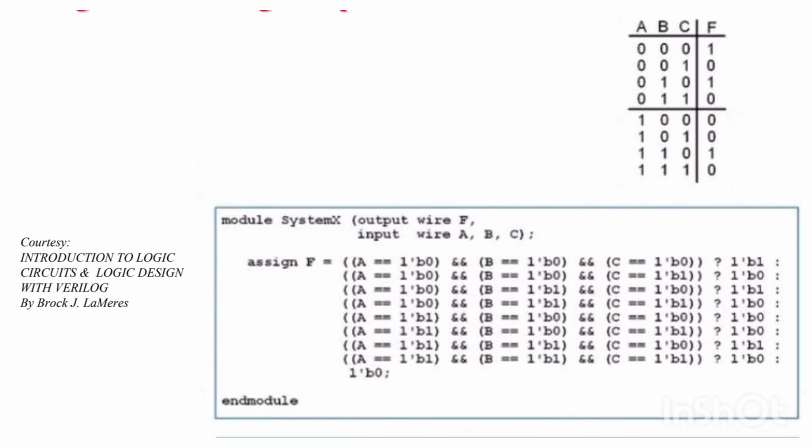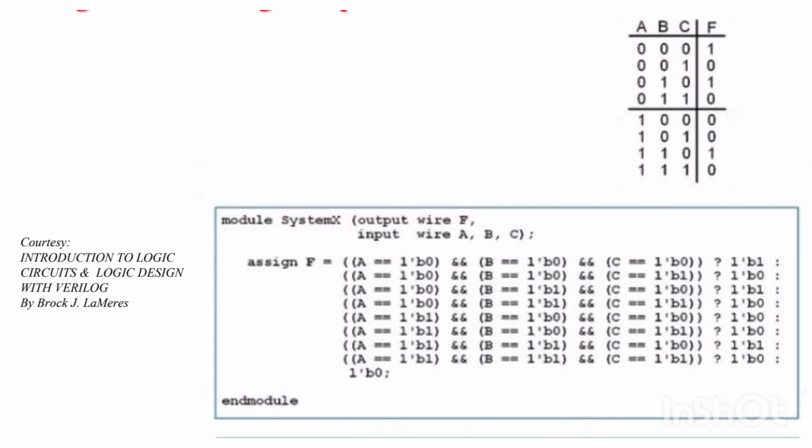In this particular code, assign F is equal to, then written over there is the checking of all the combinations. The first combination is A equal to 0, B equal to 0, C equal to 0. So if the AND product of this is 1, then the first will be selected, that is 1'b1 is selected, meaning the value is 1, otherwise it's 0.